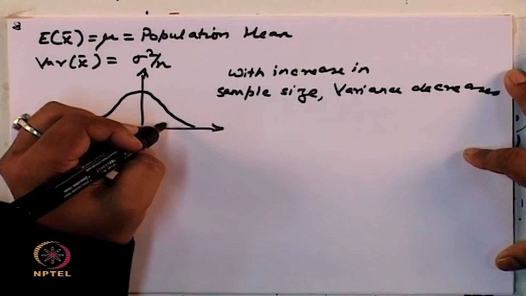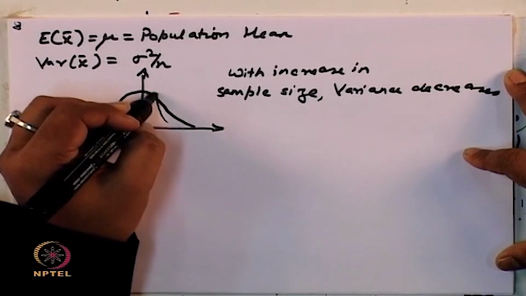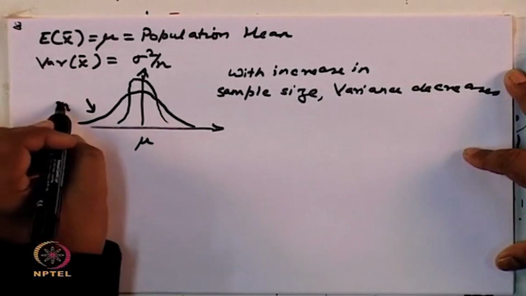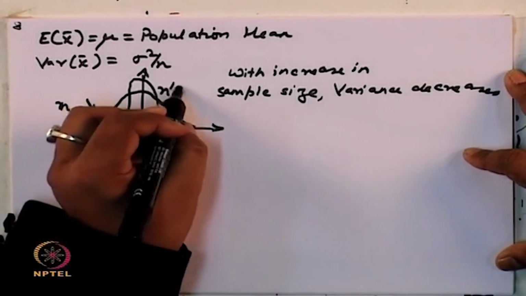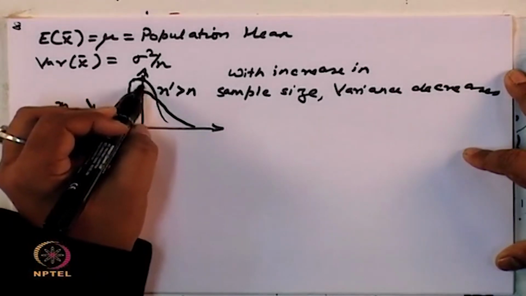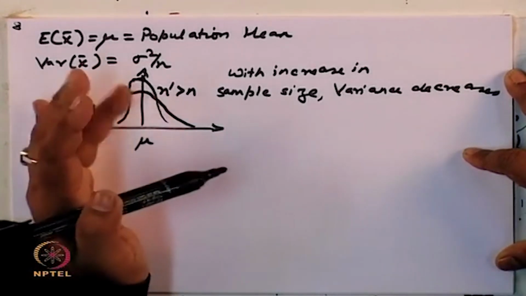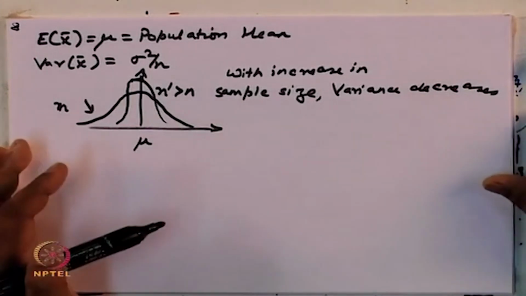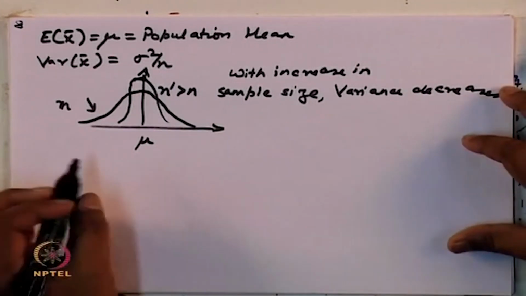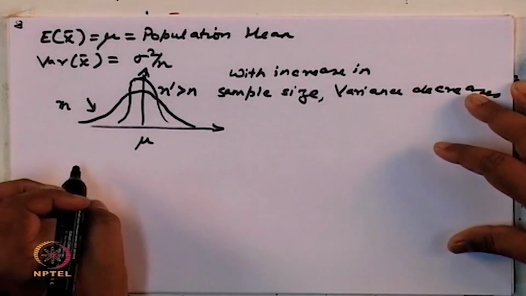In other words, your distributions will become more and more narrow. Let us say this is for sample size n, and this is for sample size n prime greater than n. Your mean will not change, but these distributions will get more and more peaked. So, this is what this proves.